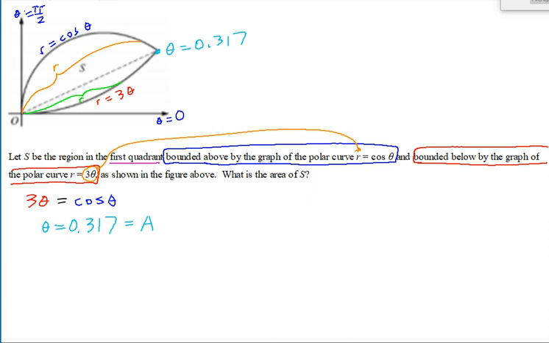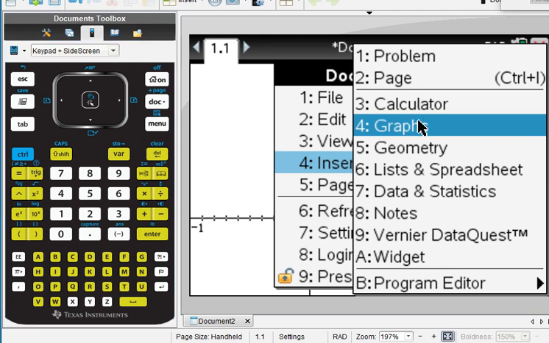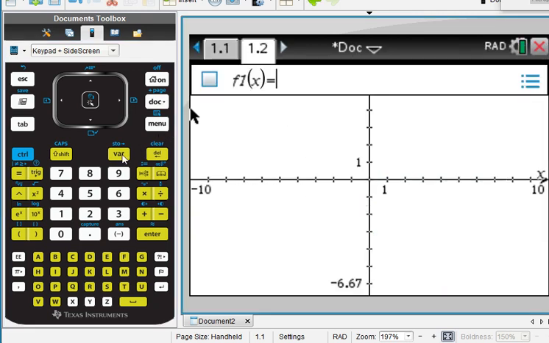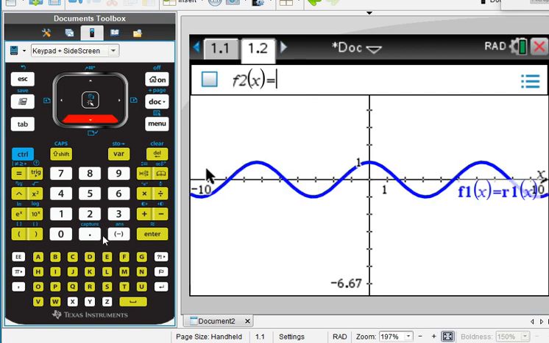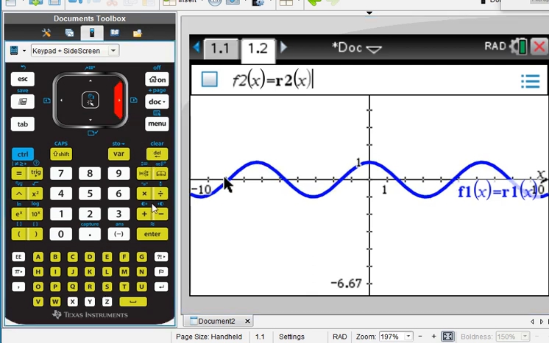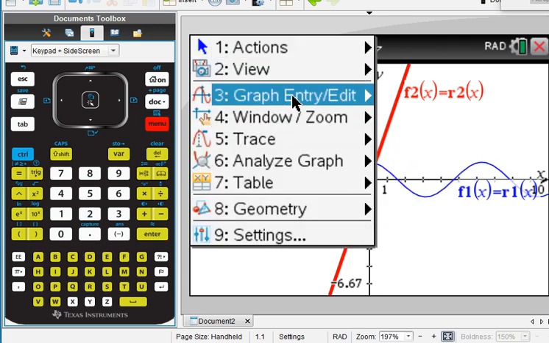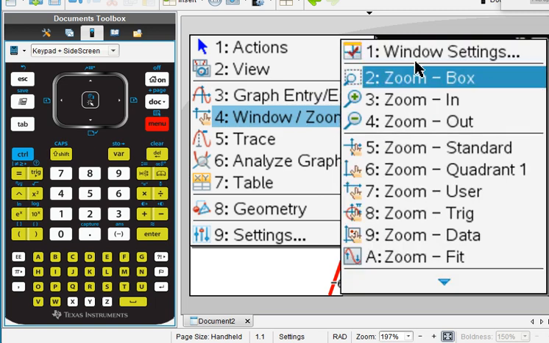So now when we set up our area, well actually let's do this on the Inspire first. Here you can go doc, insert graphs first. And again, here's the other way that you can go, R1 of x if you want, and R2 of x. This is the other way you can also do on the 84. And you can see the point of intersection there. There's only one in this case, but sometimes there might be more than one, so you can change your window settings.